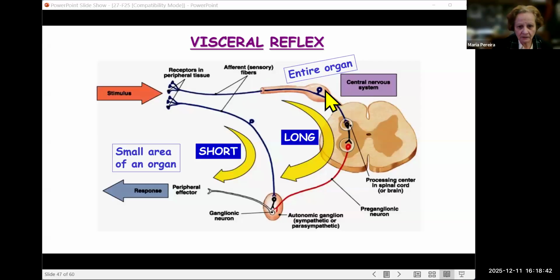You have the long reflex, it still goes to the spinal cord, integrative, right? Spinal cord is integrative. It's only the short that goes directly from the sensory to the motor, bypassing the spinal cord.